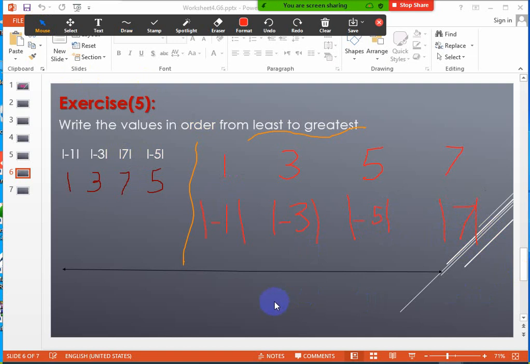Now, when you finish, please type 1 in the chat. Okay. Now, girls, I want you to tell me, because we finished the revision, and we have, I think, 10 minutes in our session.